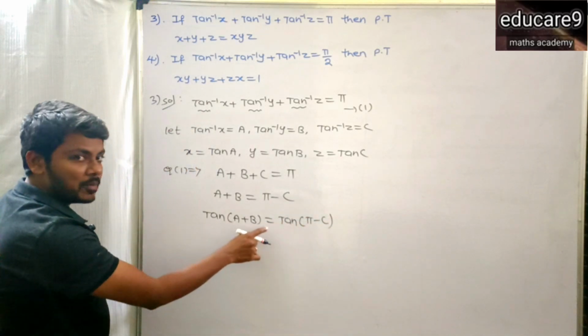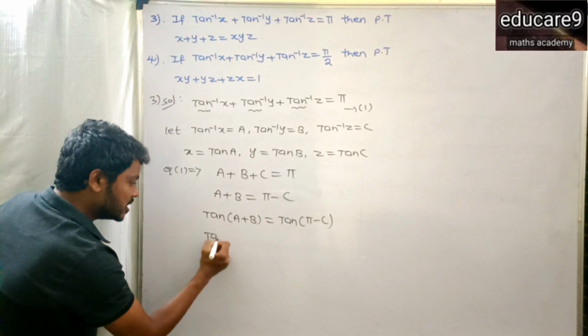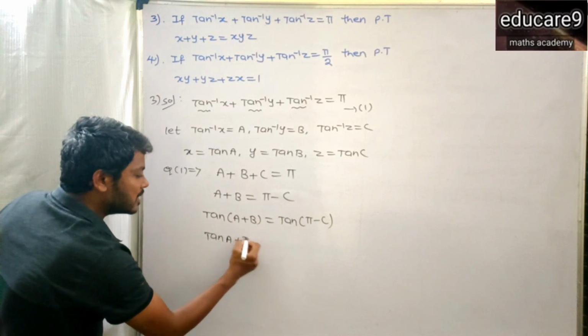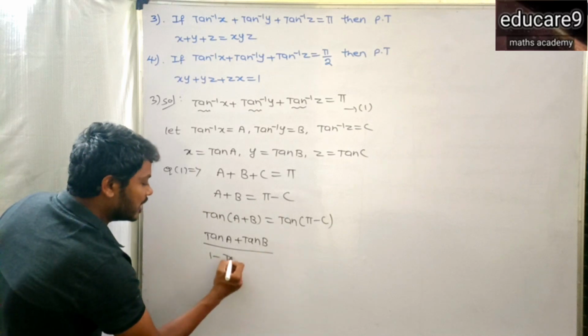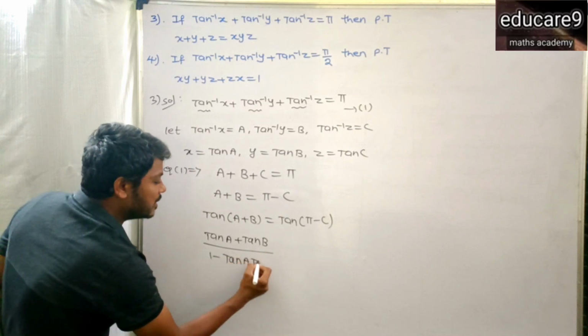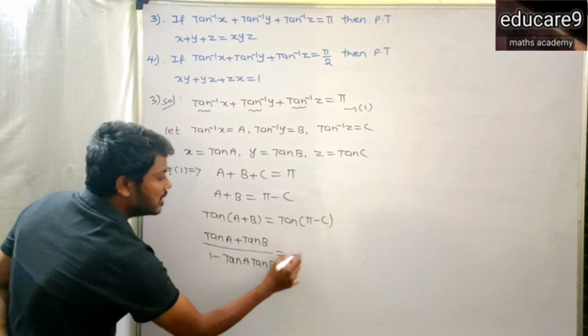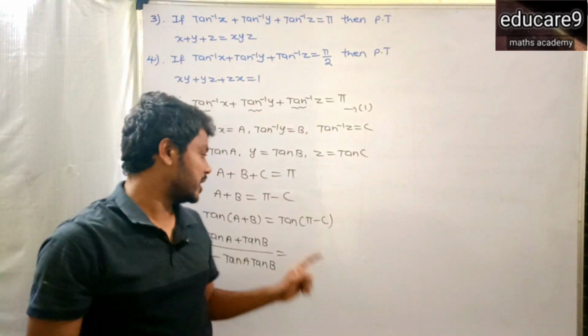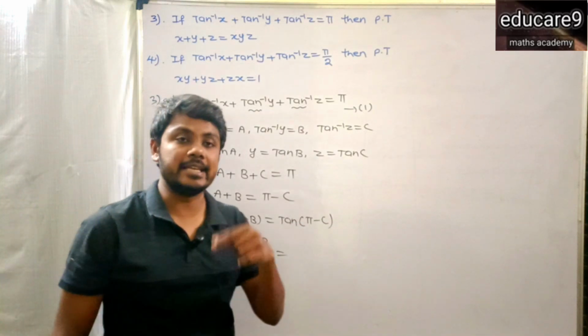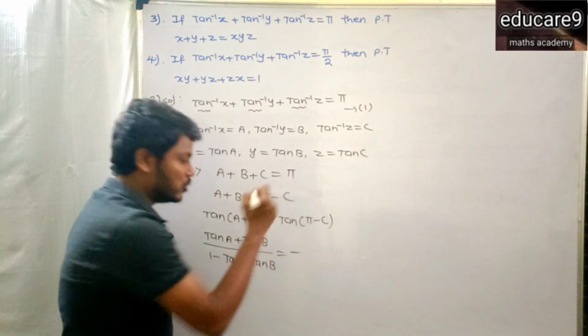We know the tan(A + B) formula, which is (tan A + tan B) divided by (1 − tan A tan B). Again, 180 minus theta lies in the second quadrant. In the second quadrant, tan is negative.